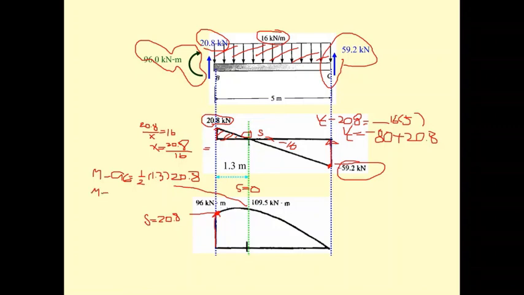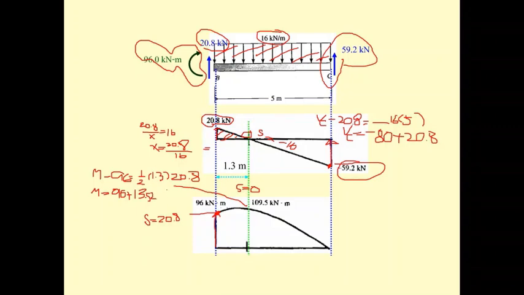Then M is going to be equal to minus 96 moved to plus 96 here, and then plus what? This is going to be 10.4. 20.8 divided by 2 is 10.4, and times 1.3 is 13.52.